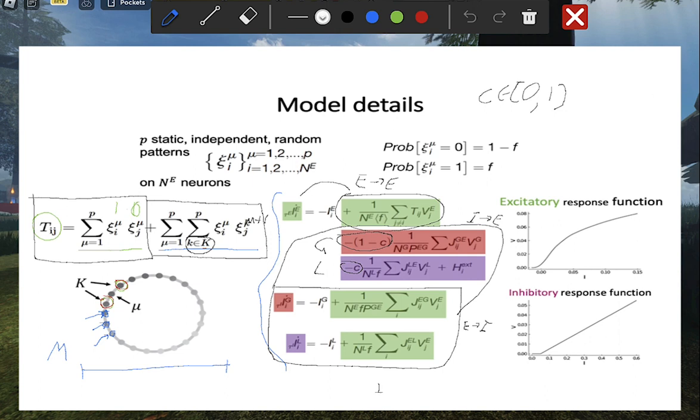And it's important to note that there is also an inhibitory to inhibitory type of connection, which we don't model. Sorry, so the superscripts E is for excitatory, G and L stand for different kinds of inhibition. Is that right? Yeah, exactly. G is global and L is local.